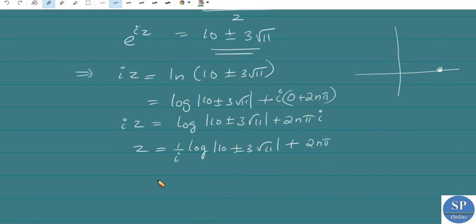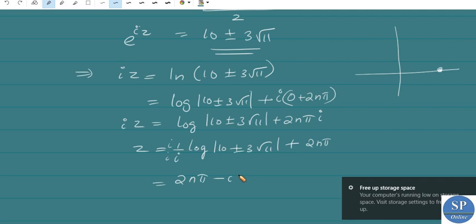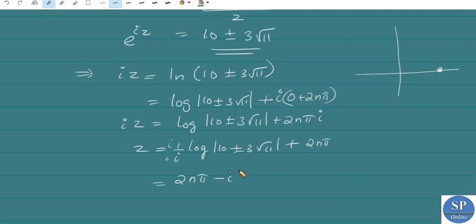So this can be expressed as 2n pi minus, if you are multiplying and dividing by i, here i square is negative 1, so minus i into log of 10 plus or minus 3 root 11. So this will be the value of z.